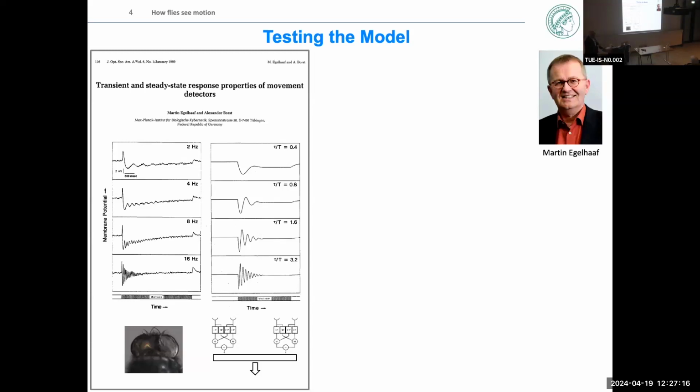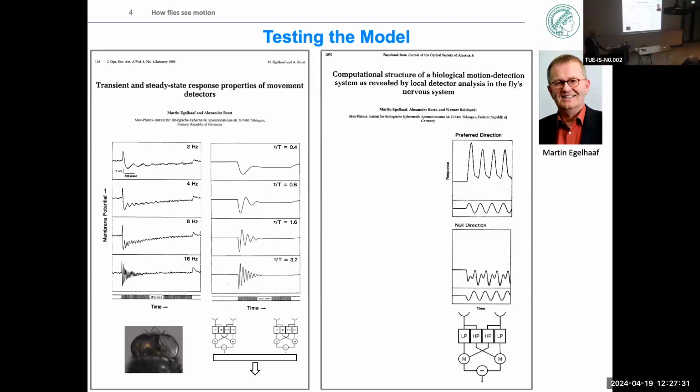And so then Martin and I came up with another idea, and we wanted to look now not at the array of motion detectors, but at what the signals of a single motion detector would look like in response to grating motion. And this is what it was.